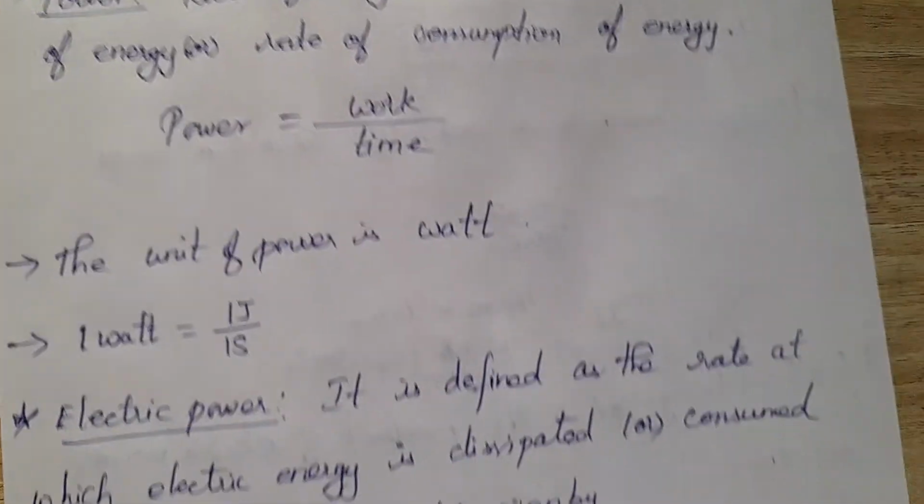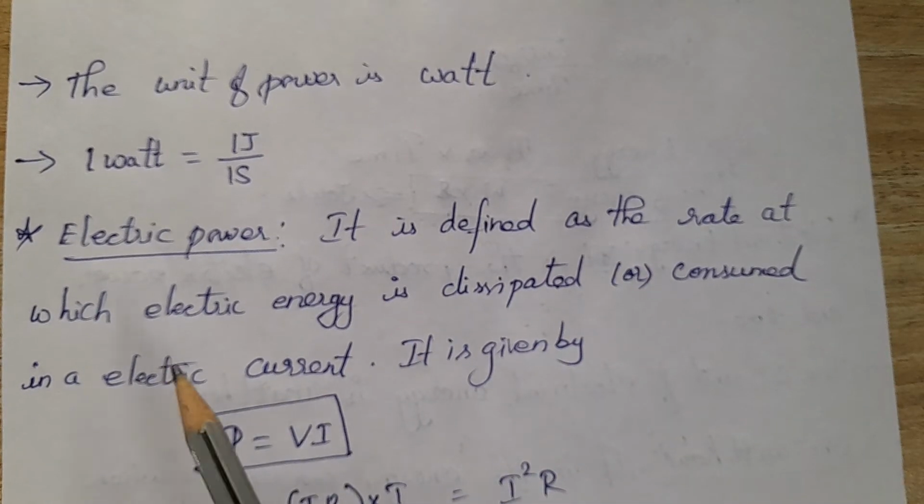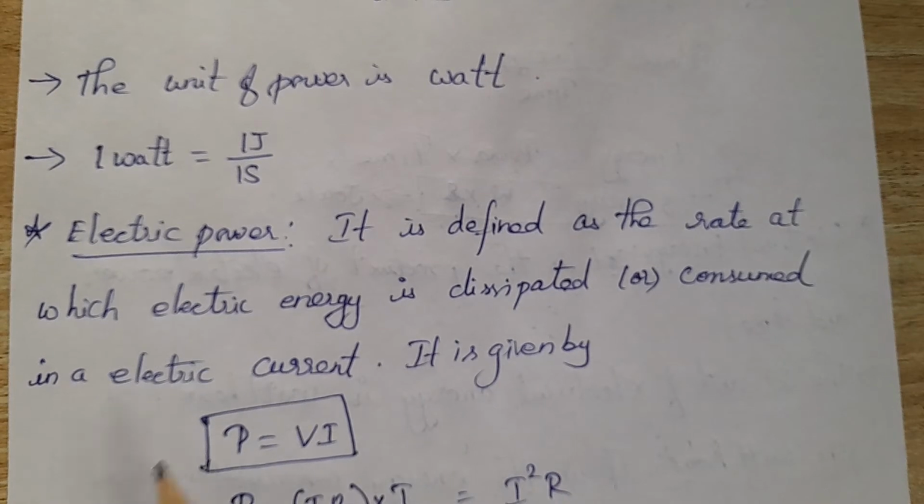Electric power is defined as the rate at which electric energy is dissipated or consumed in an electric circuit. That is the definition of electric power.